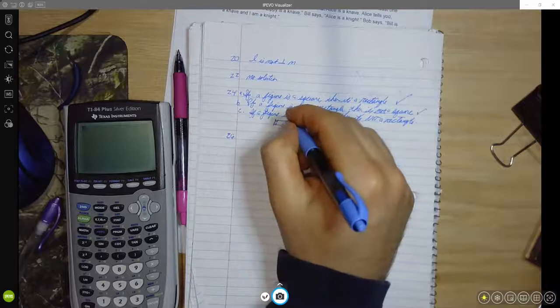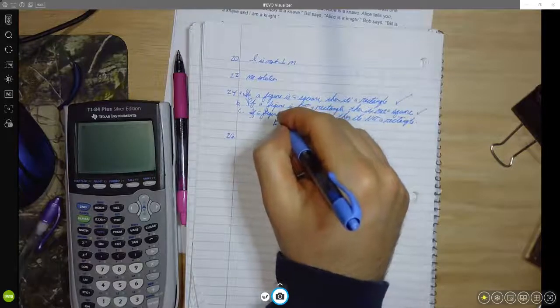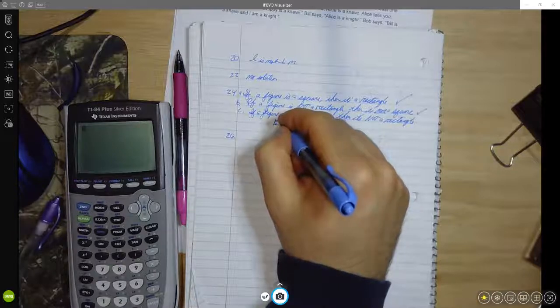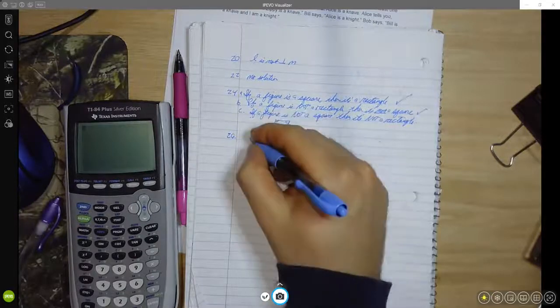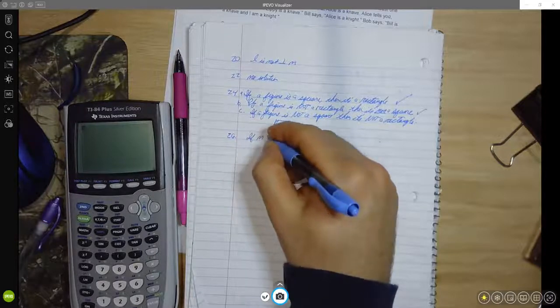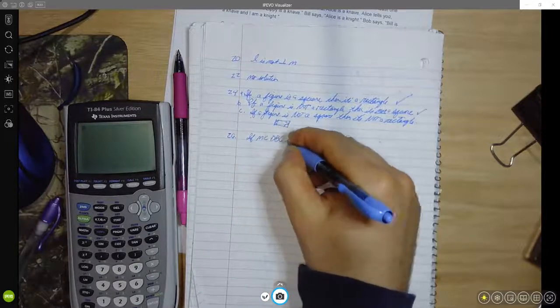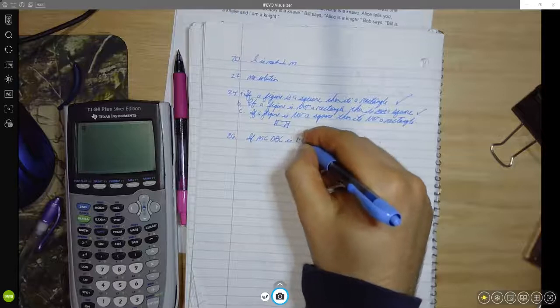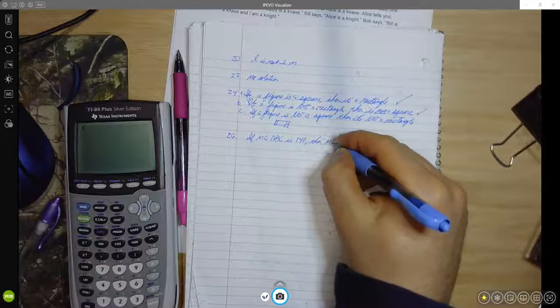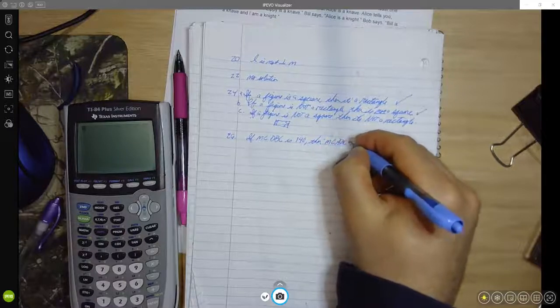26. Use the figure at the right. If the measure of ABC is 40, then the measure of DBC is 140. We're supposed to write converse, inverse, contrapositive. So converse, if the measure of angle DBC is 140, then the measure of angle ABC is 40.